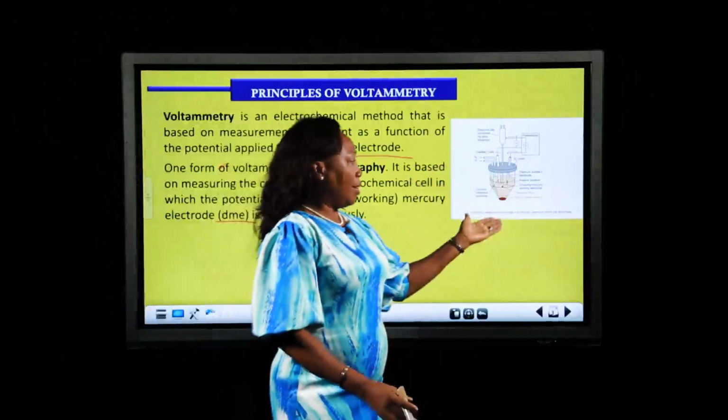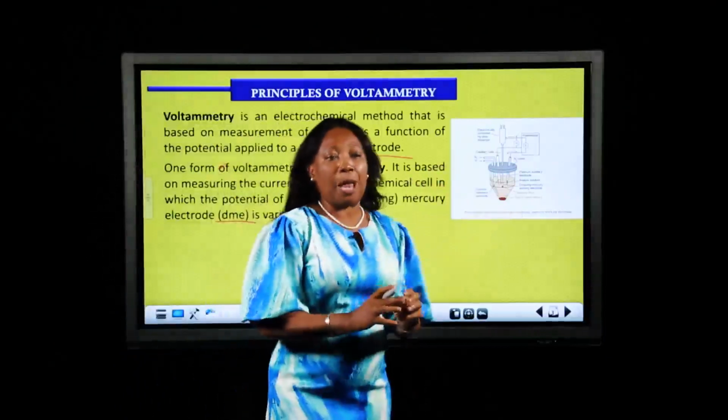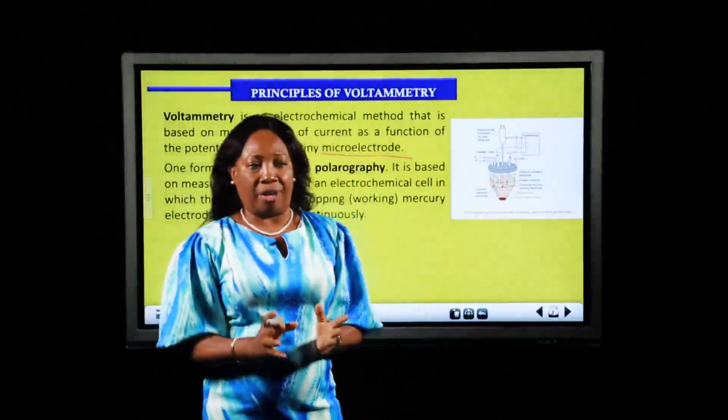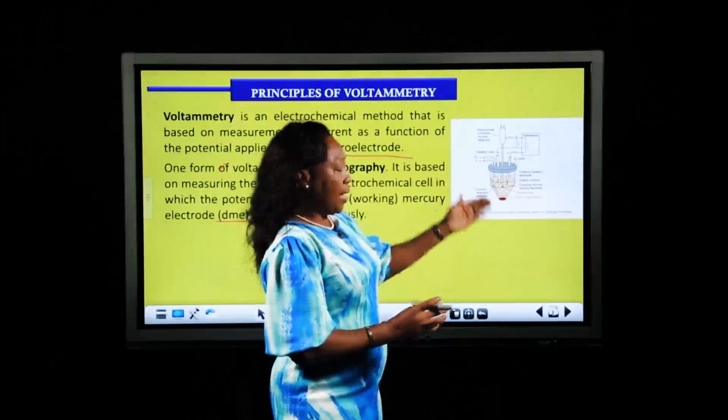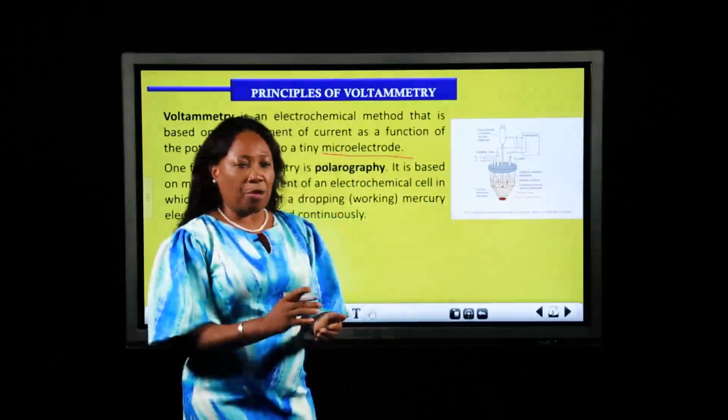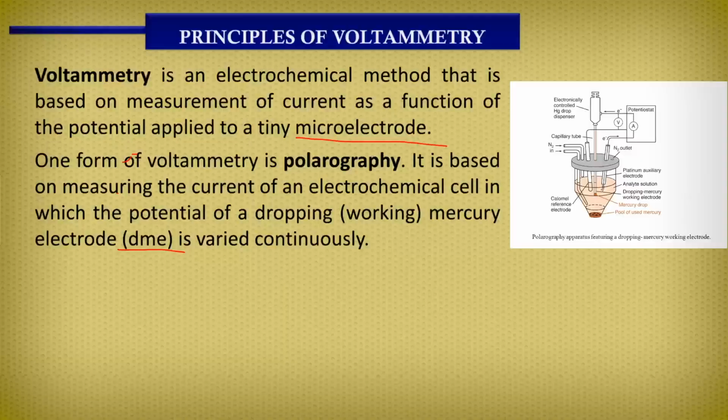This diagram is a typical apparatus for polarography. The working electrode, like I said, is the dropping mercury electrode. For emphasis, that is the mercury drop coming from this. Then you have the reference electrode, the working electrode, which is the dropping mercury electrode, and of course the counter electrode.